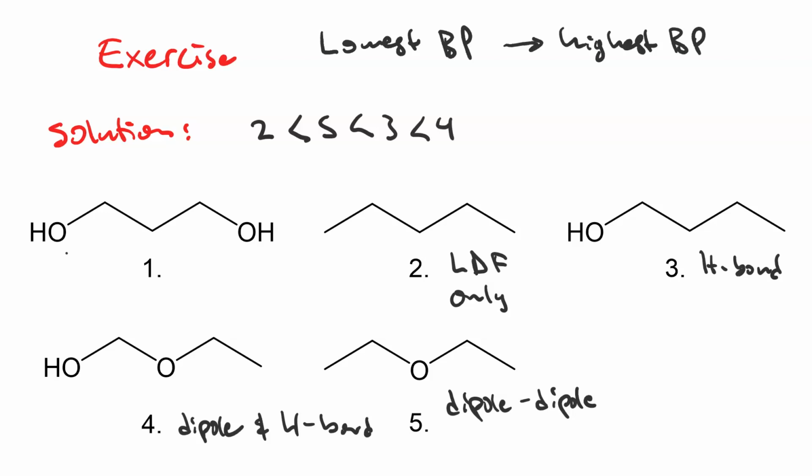Number 1 because it's capable of participating in hydrogen bonds at two sites simultaneously as both a donor and acceptor. So 1 should have the highest boiling point, 2 should have the lowest.